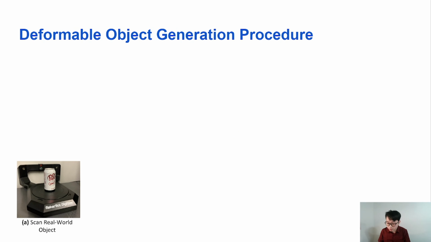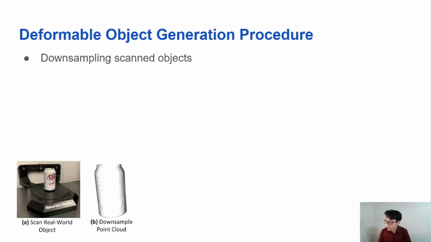So for the first step, we scan the object. As you can see, we start scanning the soda can. The next step is we start sampling the scanned objects, just for the performance while generating the deformed objects in later steps.